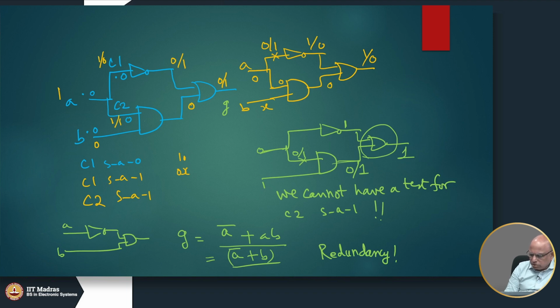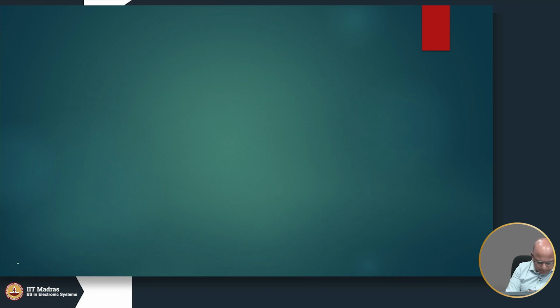So, something that you have to understand. So, redundancy in circuits, we try to eliminate redundancy, right, when we do Karnaugh maps, etc., right. See, there may be a Karnaugh map like this.